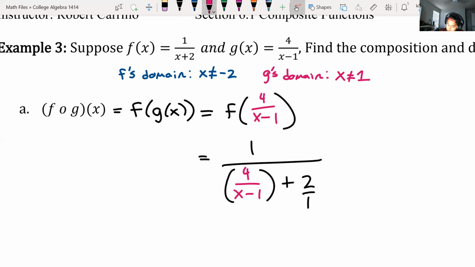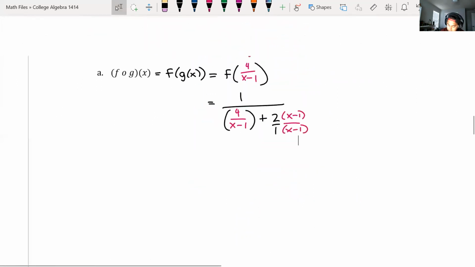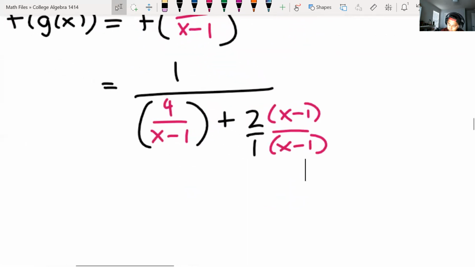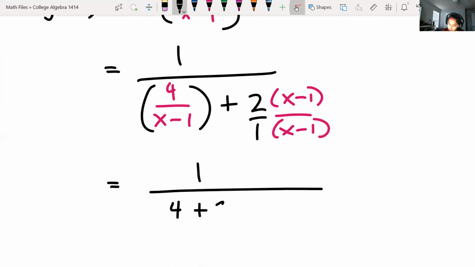X minus 1. Okay. And now this will become 1 over 4 plus 2 times x minus 1 over x minus 1.